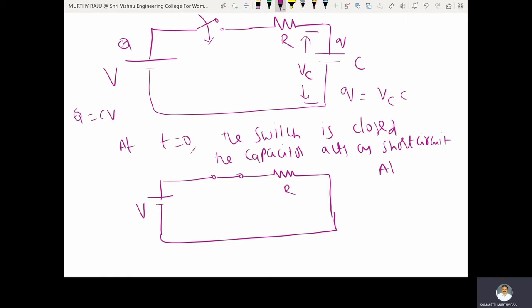At t equal to 0, Vc is equal to 0, and the charge on the capacitor Q is also 0. Therefore, it acts as a short circuit.